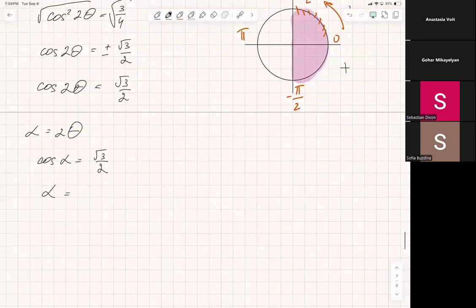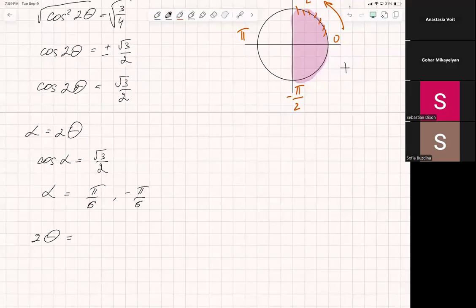Right. So let me write that. So we have theta is equal to pi over 6, and so we don't include the 11 pi over 6. We have a negative pi over 6, right? But remember that our alpha is equal to 2 theta, right?